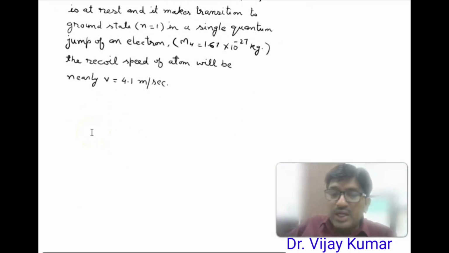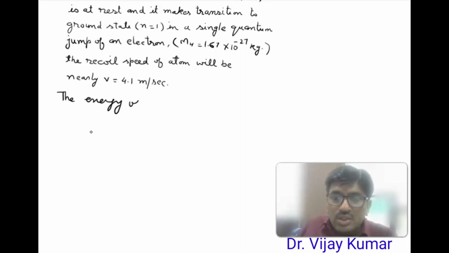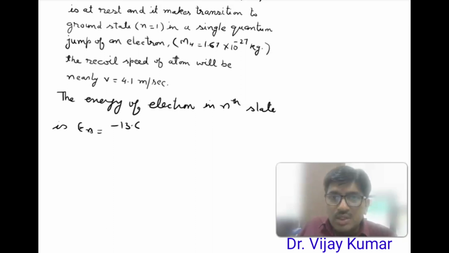We know that the energy of an electron in the nth state is En equal to minus 13.6 upon n square electron volt.